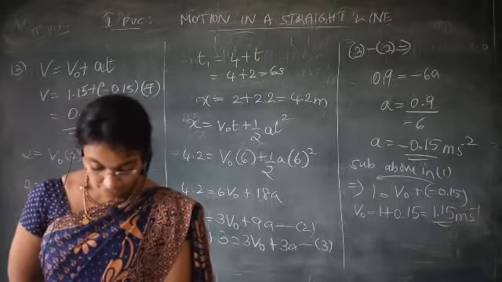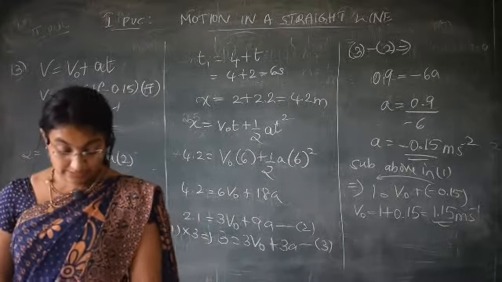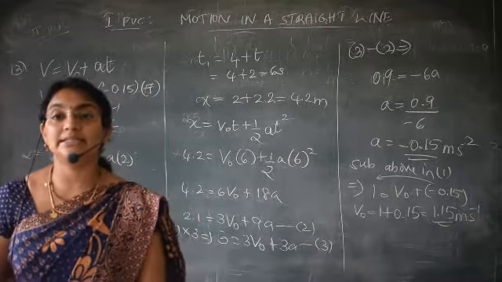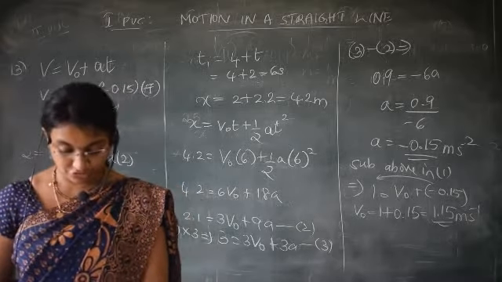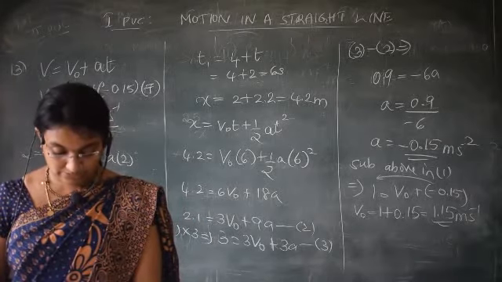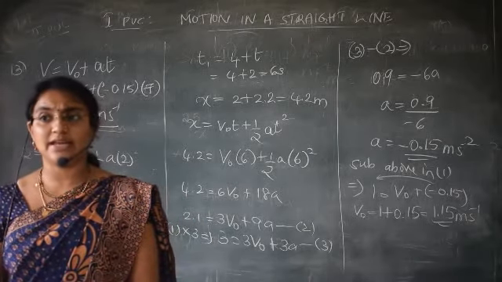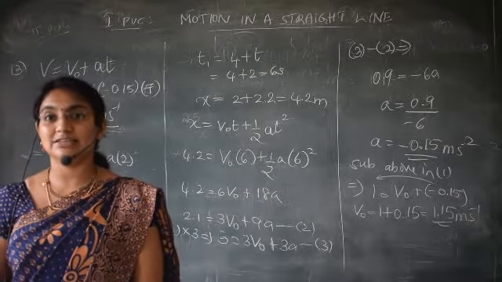Okay. How to calculate? See here, our second compartment is taking longer time compared to the first compartment to cross the observer, correct? So therefore I can say this train is not moving with higher speed, it is decreasing its speed.